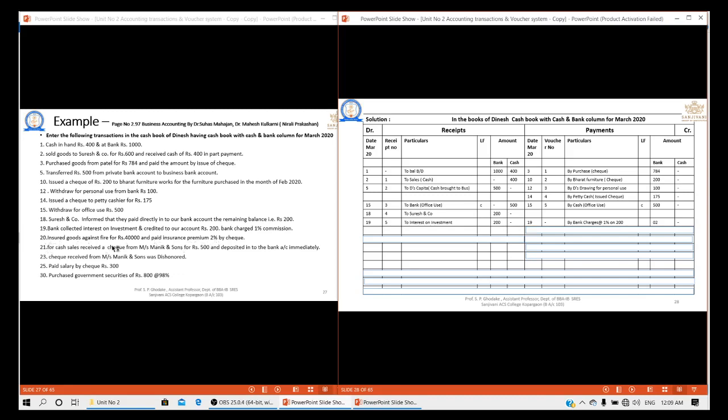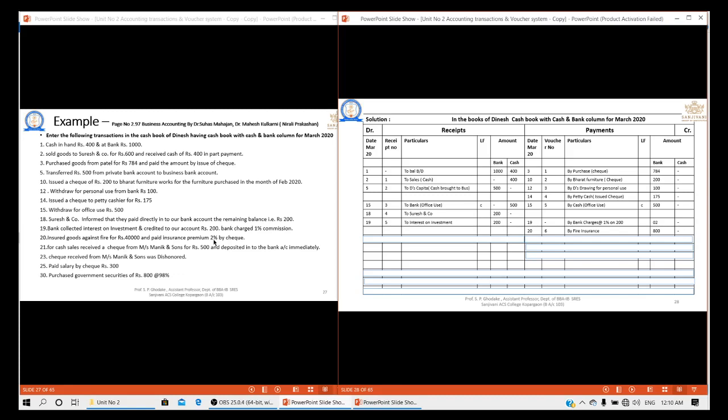So it is a payment and it is made by check. So which means that in the bank column the payment is there. So fire insurance for 40,000, 2% we have the 800.